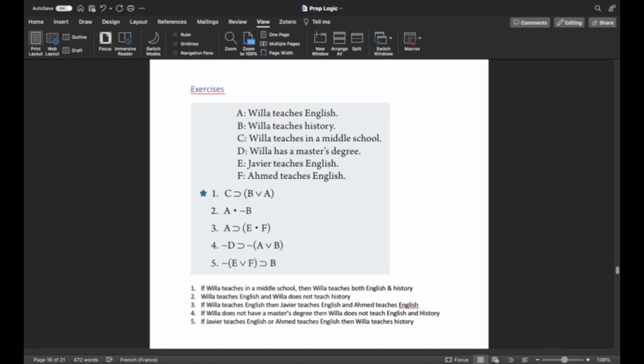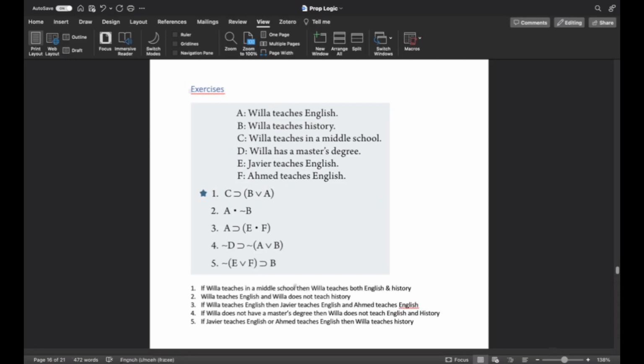So would it be correct to write: if Willa teaches in the middle school, then, because B is Willa teaches history, and A, Willa teaches English, then Willa teaches both English and history? No, that doesn't follow.